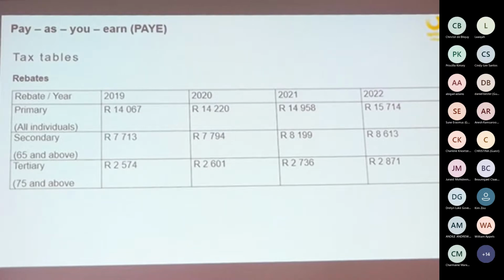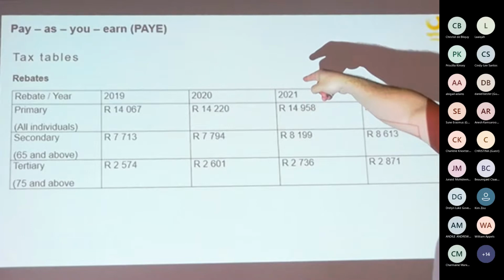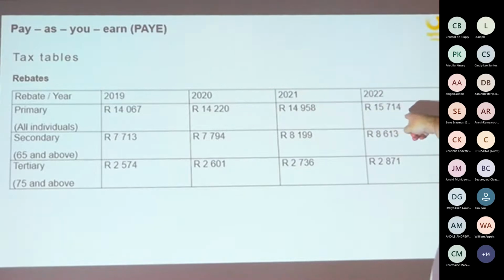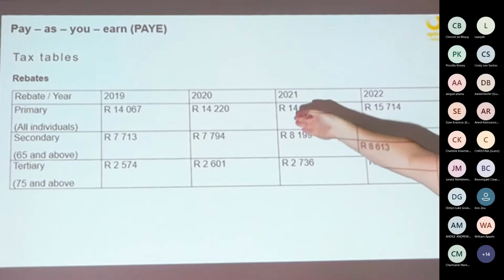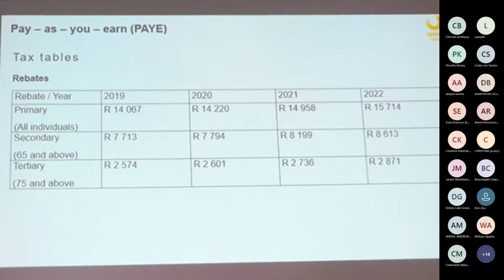Up to R15,740 tax, you pay nothing. So if the tax that we worked out on the previous page was anything up to R15,740, you pay nothing. That is every year before. That's if you are any natural person, you get that.